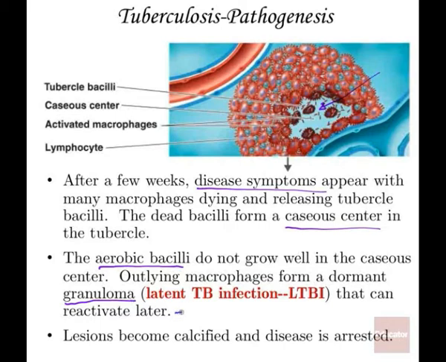And also the other property is that they can actually reactivate at a later time. And at this point, then the disease is basically arrested. We have a latent granuloma that can stay around for a long period of time.